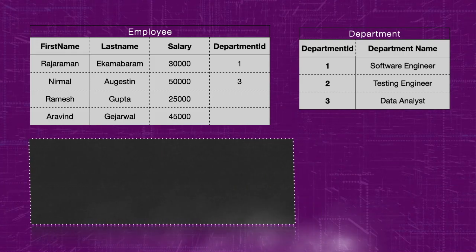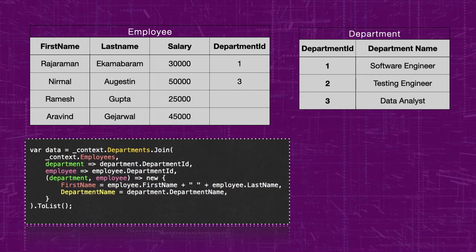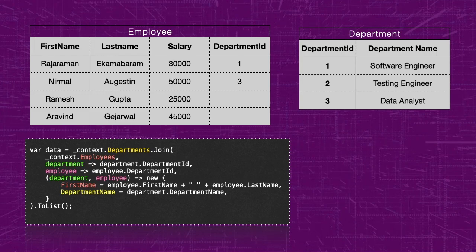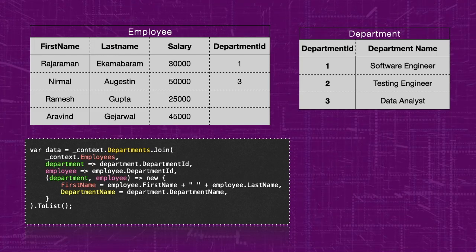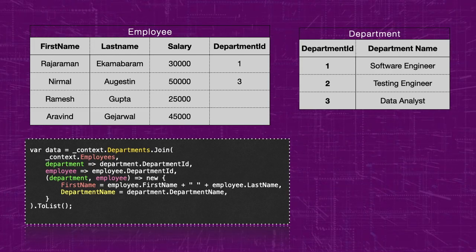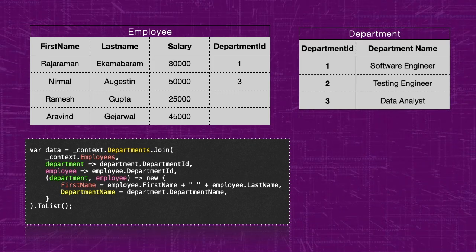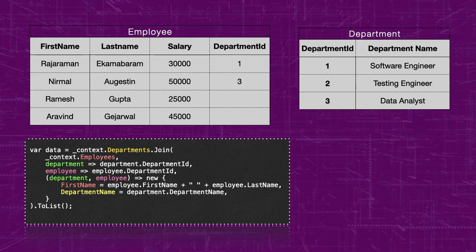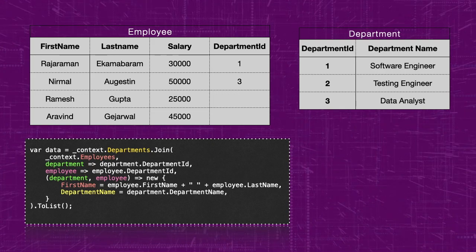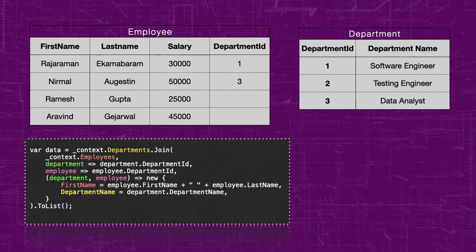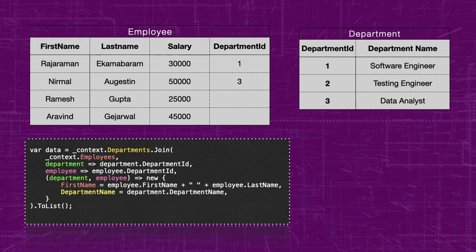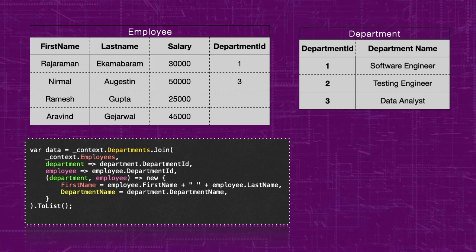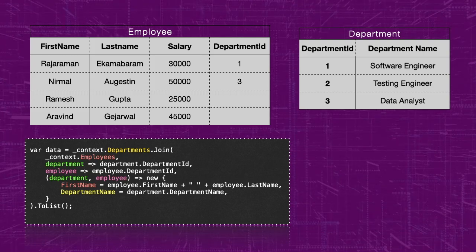The syntax for creating the join is we need to get the particular data table, like the departments context, and use the method called join. What is the table that we're going to join in this case? The employees table, so we use the model database set as employees. And what are the two primary keys which combine these tables? Here it is the department ID.